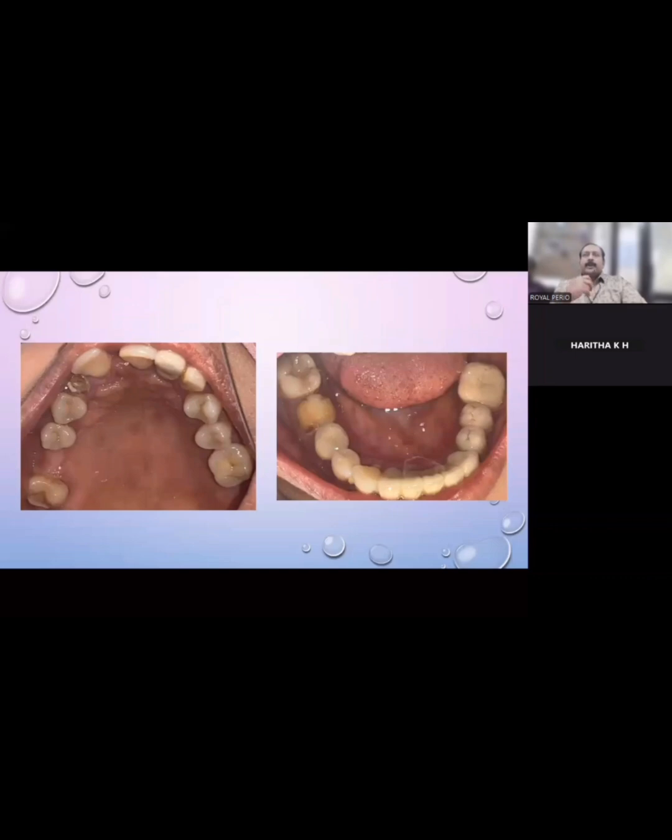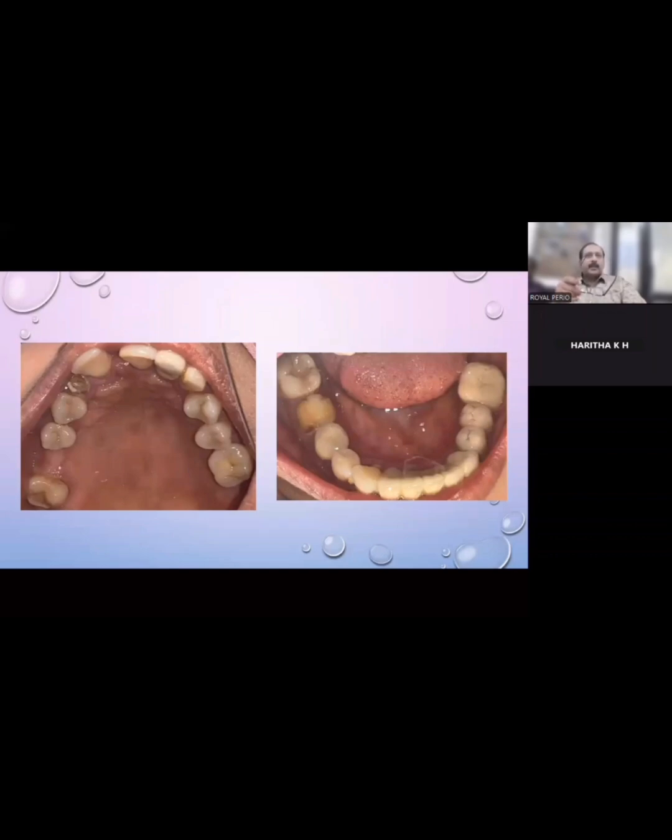So now, if you extract them, how are you going to rehabilitate? Are you planning for a full arch replacement, or only the mobile teeth to be extracted and replaced? First total is 2-1. Even 2-2 is mobile, right? So up till 2-2 you need to extract and replace.